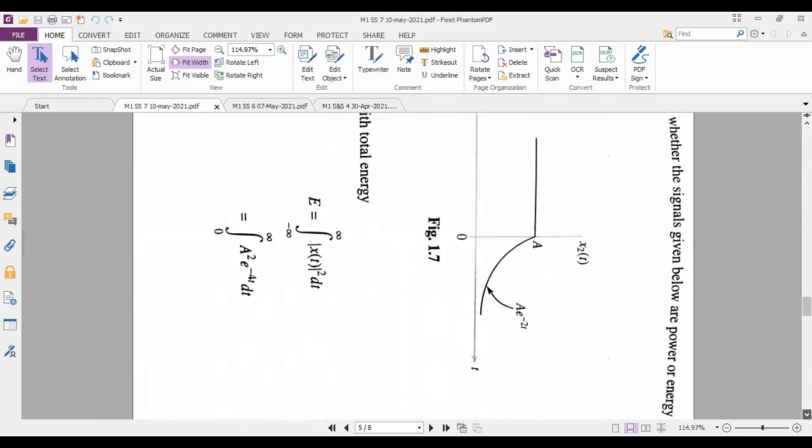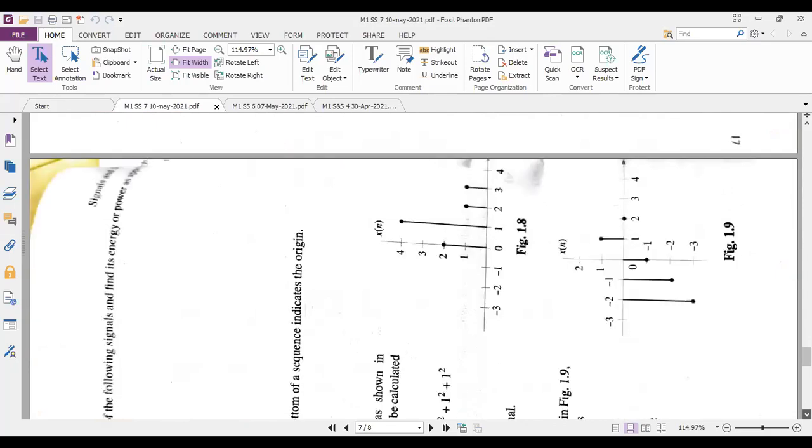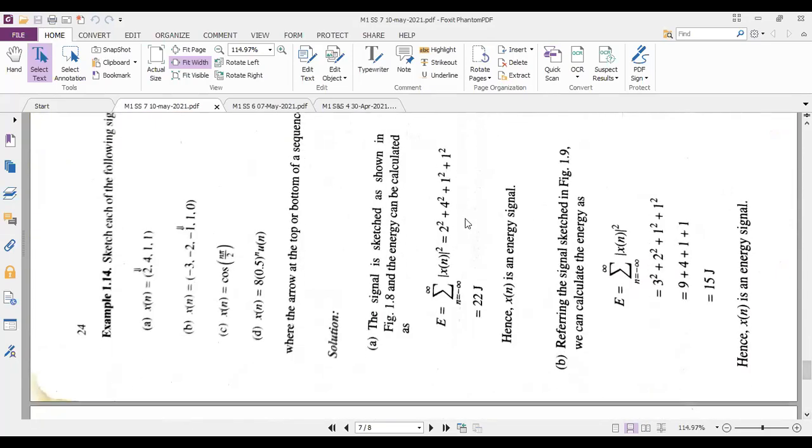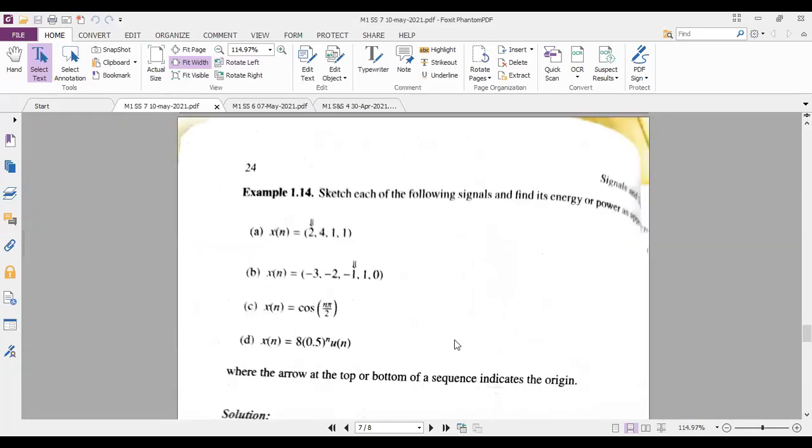In my notes, I have given more problems in the classroom app. So try to solve all the problems in your class notes. And always, problems in discrete time are easy, I used to tell. Here I have a problem: sketch each of the following signals and find whether it is energy or power.